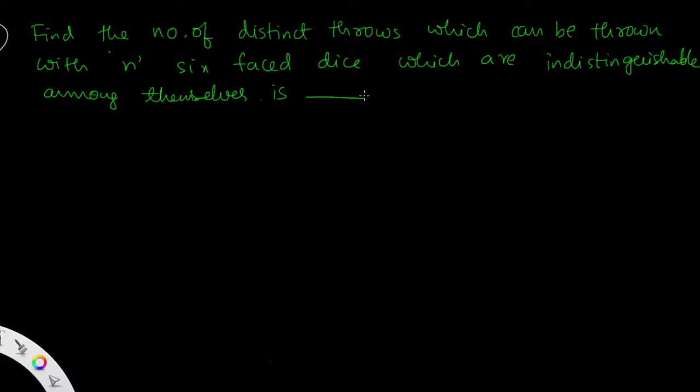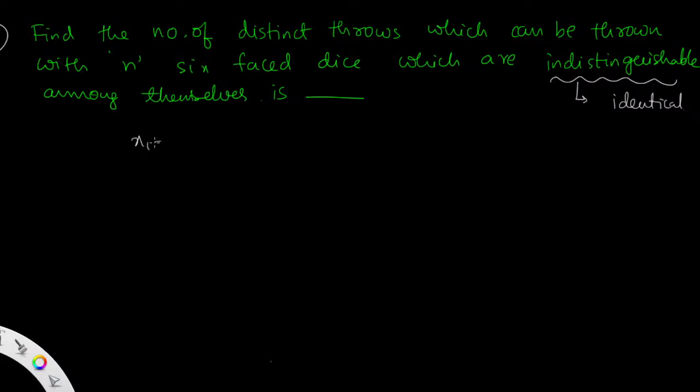The question is like this. First write down the meaning of indistinguishable. The meaning is identical, which are identical among themselves. Number of persons is not given, so six-faced dice is given.